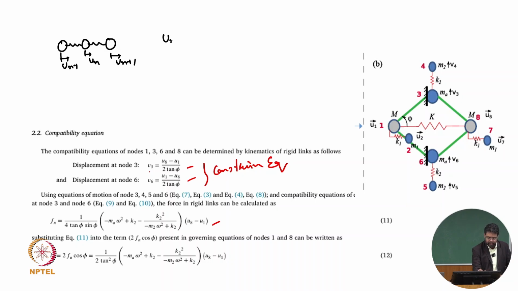We write un plus 1 equal to un e to the power of i mu, and un minus 1 equal to un e to the power of minus i mu, where mu is nothing but the wave number times the lattice unit distance.